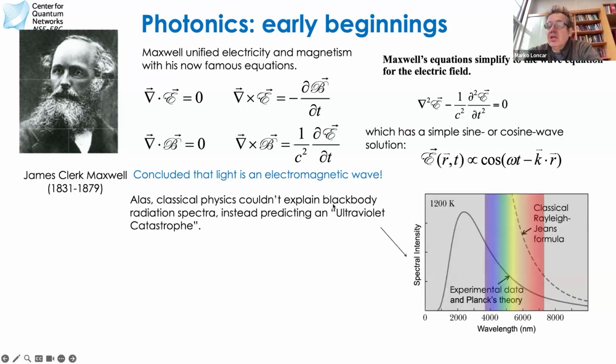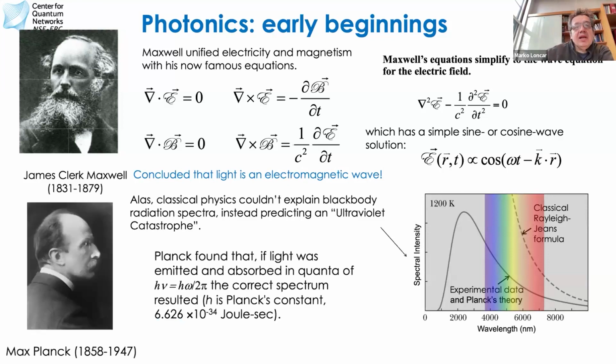And all was good until it turned out that people couldn't quite use this theory to explain some physical phenomena, namely emission from a black body, especially black body radiation spectra. Maxwell's equations assumed that light is a wave, but this property of light was not sufficient to describe emission from a black body.